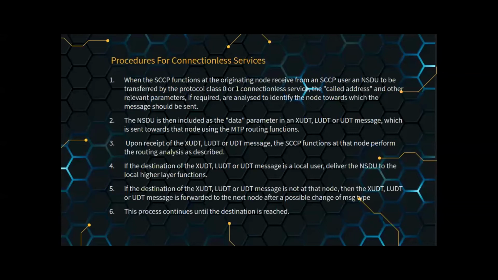If the destination of the message data is not at that node, then the XUDT, LUDT, or UDT message is forwarded to the next node after a possible change of message type. This process continues until the destination is reached.